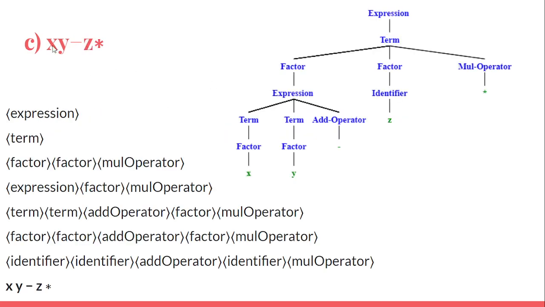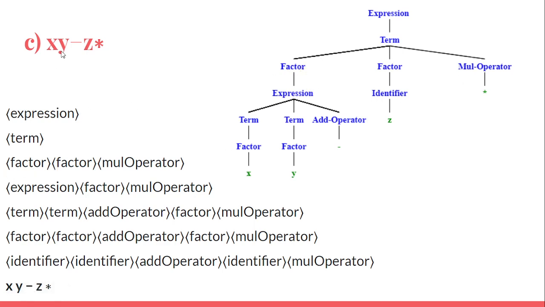The next string we have is x, y minus z star. In this, first we start with expression and we replace it with a term by rule number 1. Then we replace this term with factor multiply operator by using rule number 2.